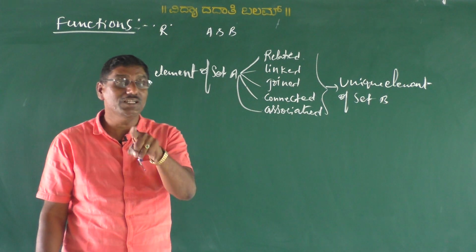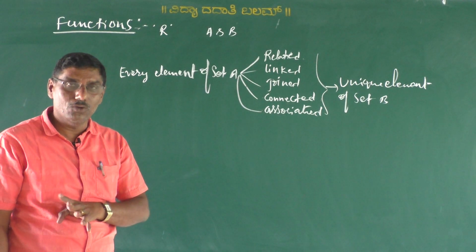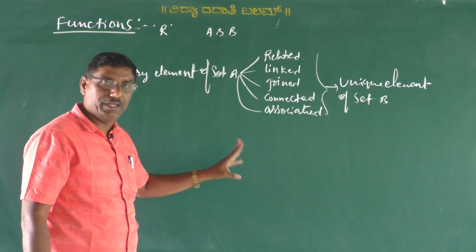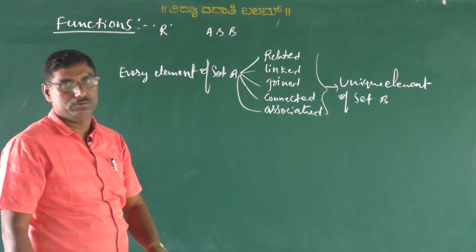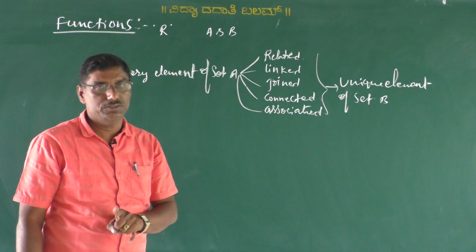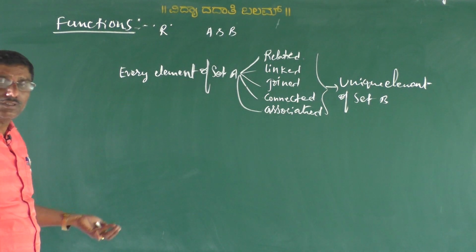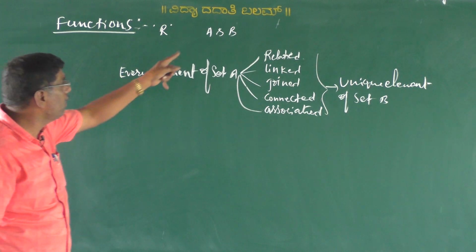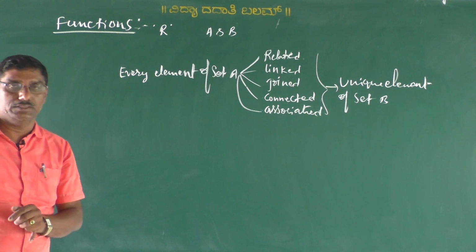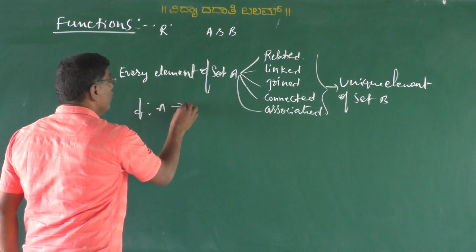That is the rule. Now, this relation is called a function from a non-empty set A to a non-empty set B, and is represented as f from A to B.